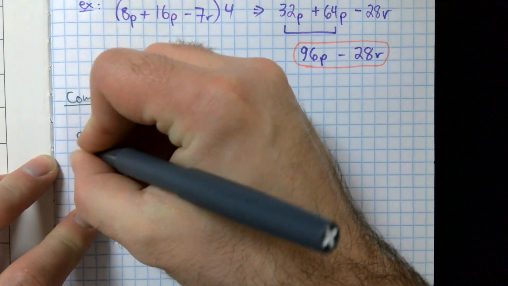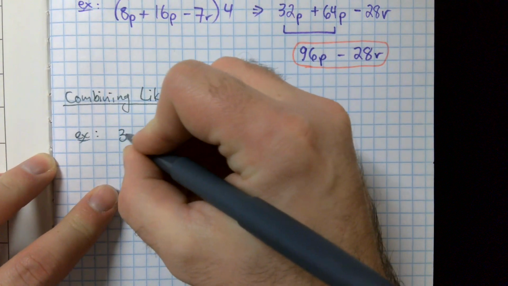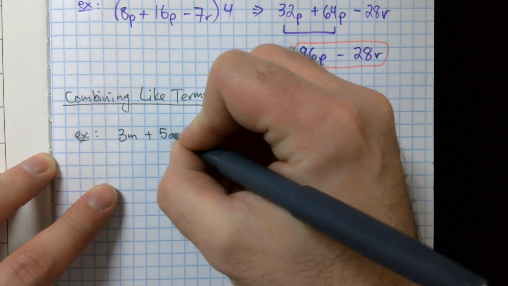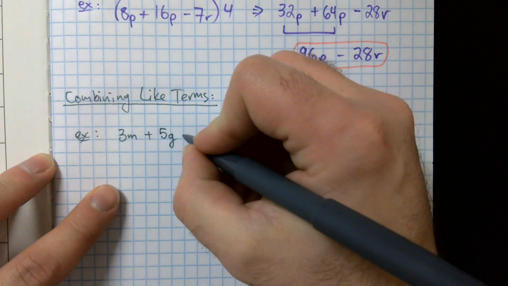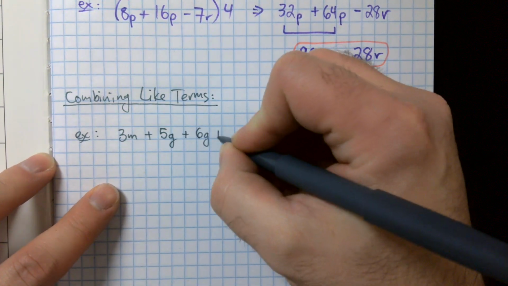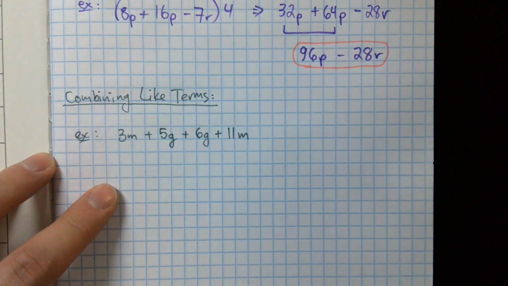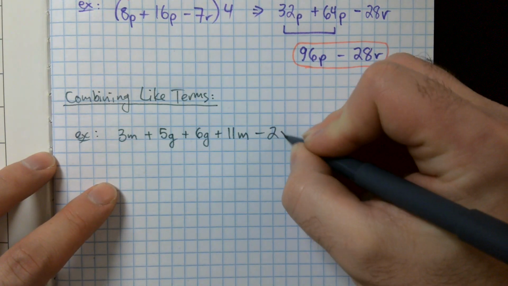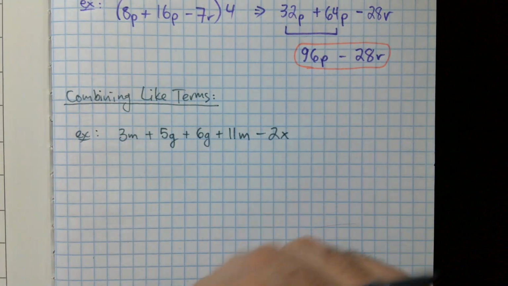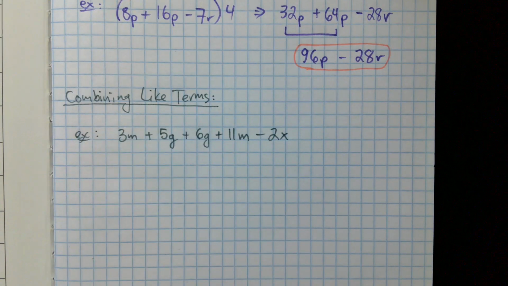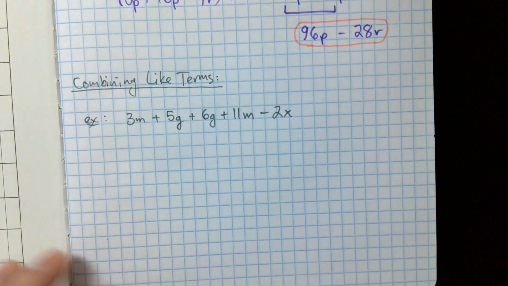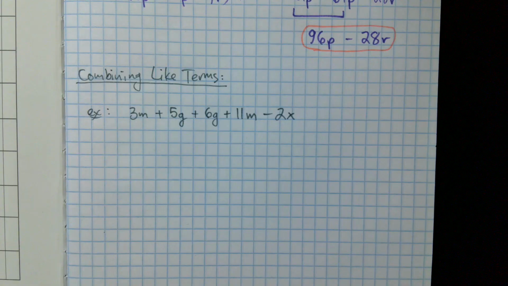For example, if I have 3m plus 5g plus 6g plus 11m minus 2x, and we've got to simplify that expression, we've got to figure out which terms are alike. How many different types of term groupings do we have?